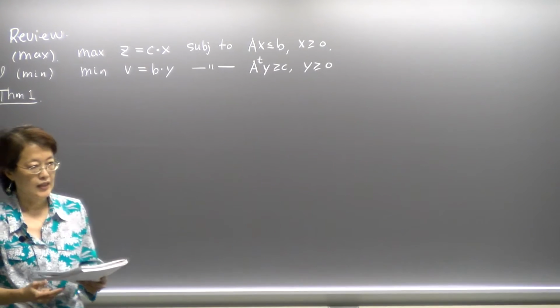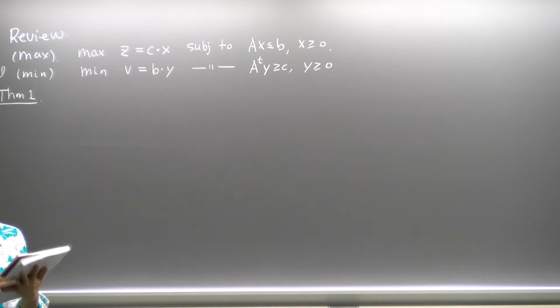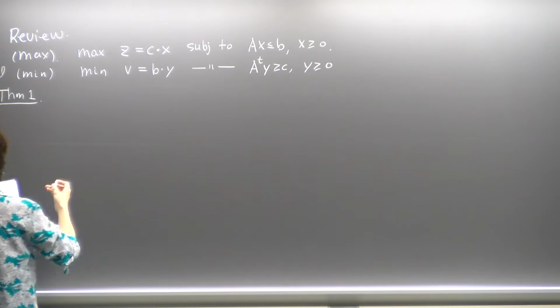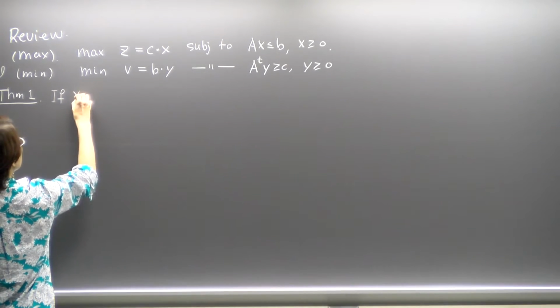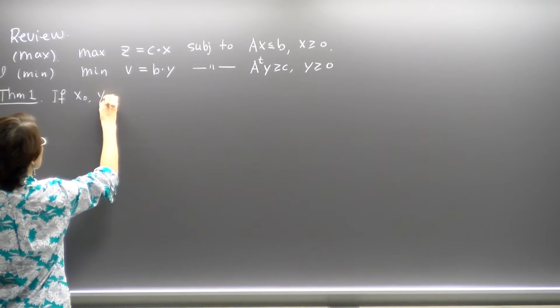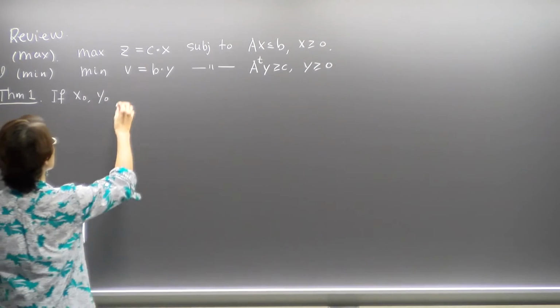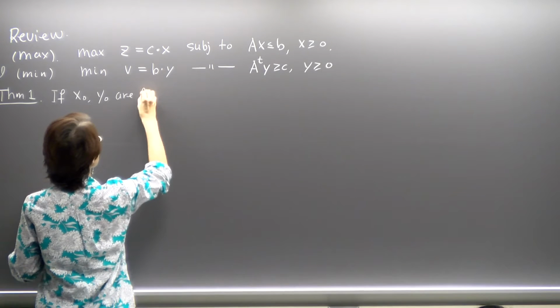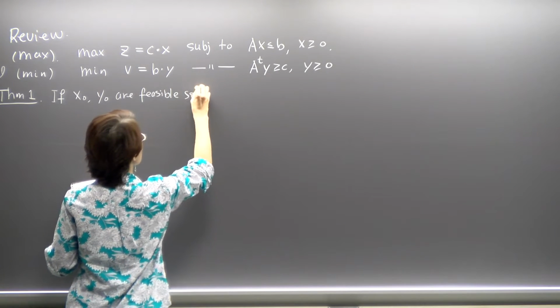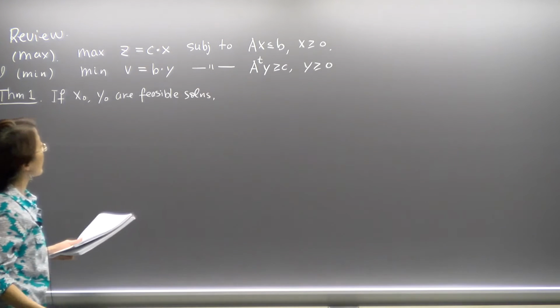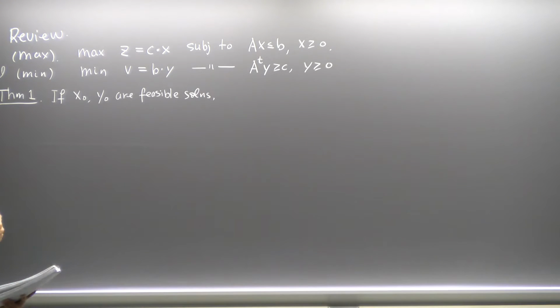Okay, the main thing, I'm not going to write it in a very wordy way. So theorem one, kind of at the base. If I find two feasible solutions, x0 and y0, so x0 is for the max problem, y0 is for the min problem.